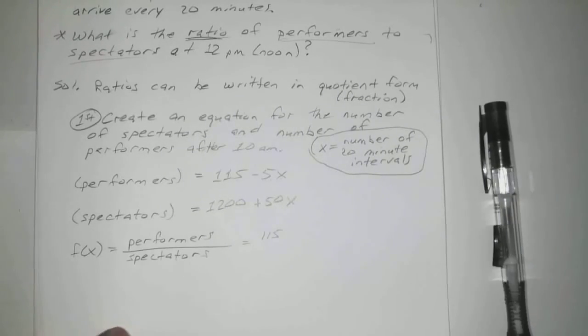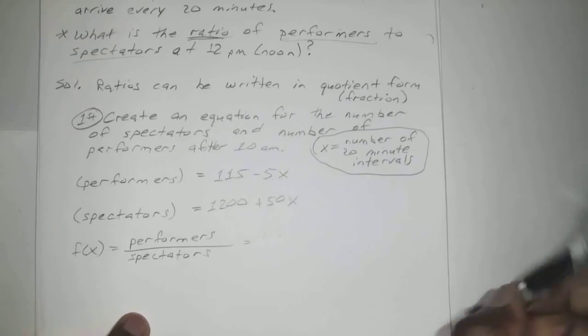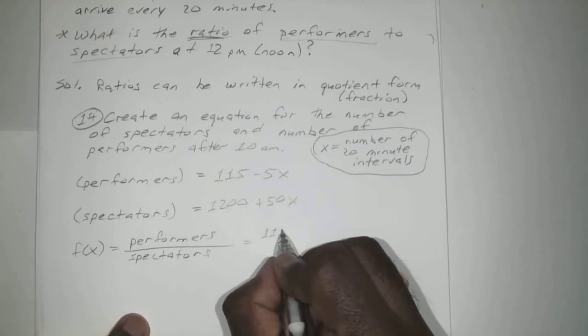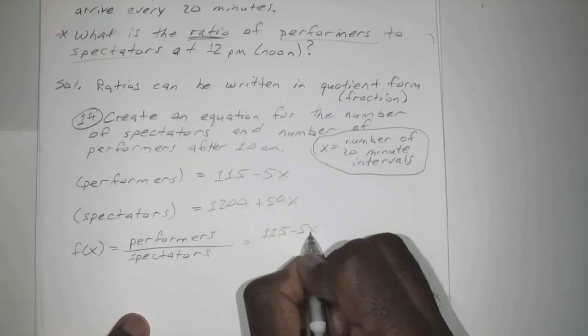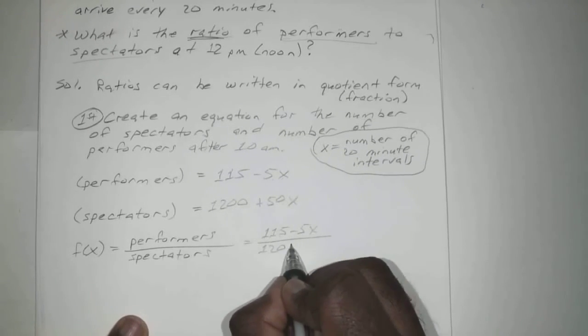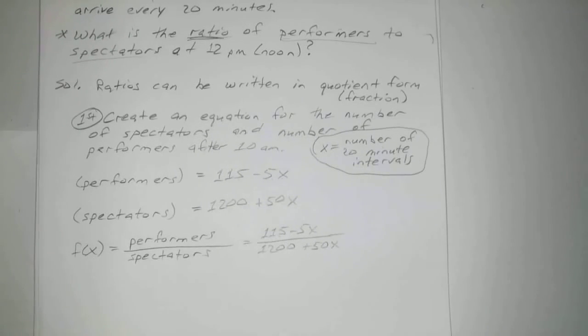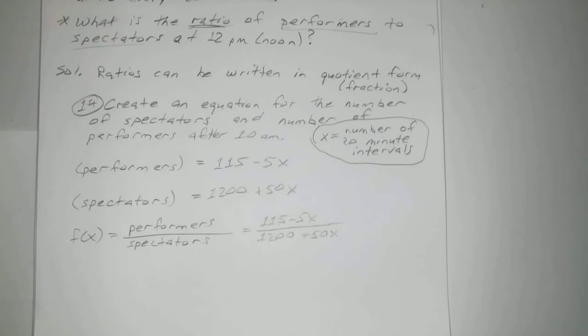And for our spectators, 1200 plus 50x. So now we have our rational expression or rational equation. Now we have to actually solve it.